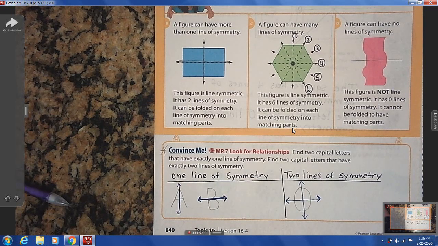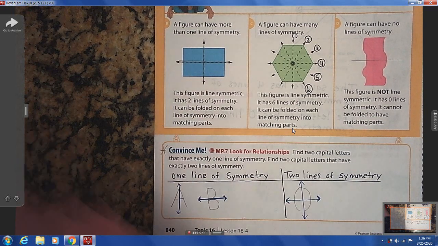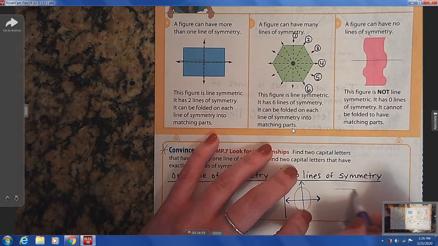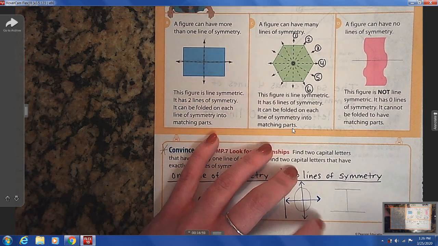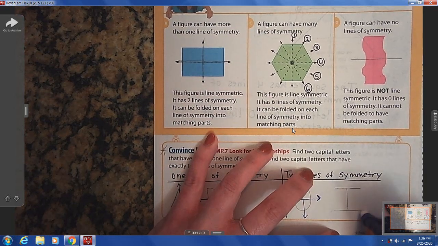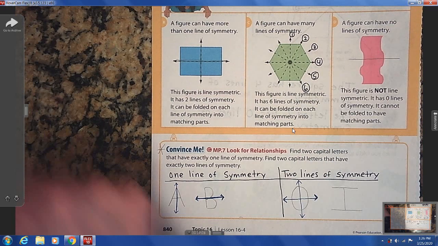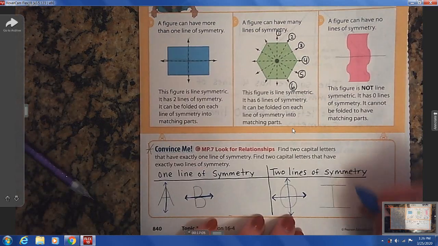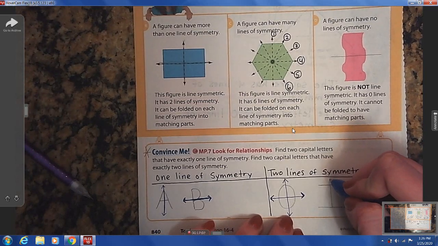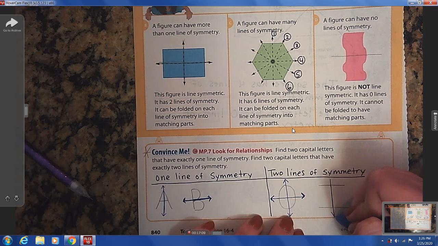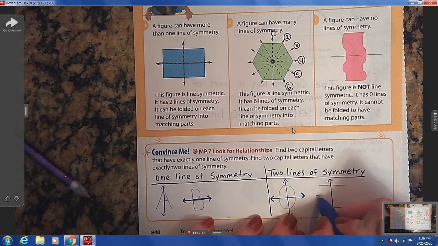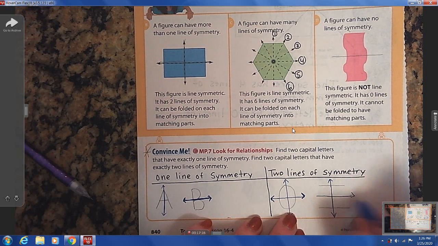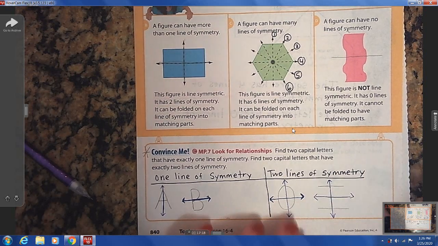So I thought of one. An I. I'll erase some of that. My letters are not perfect. With the I, you could draw a line here, and you could have a line of symmetry here.